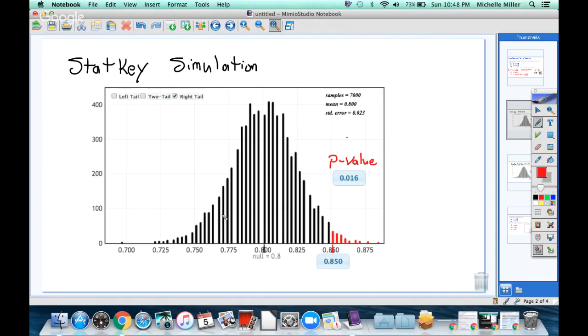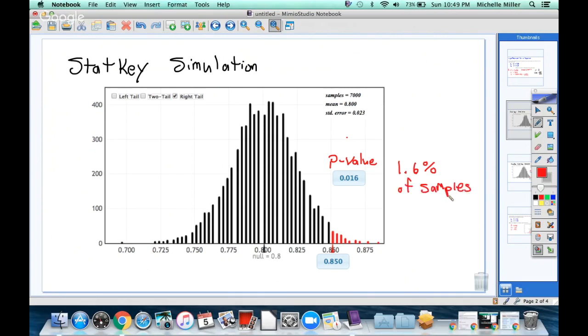We're trying to see, is that significantly bigger? Of the 7,000 samples that I simulated here, I found that 16 out of 1,000 ended up having 85% or more of the people with cats. That's 1.6% of the samples.